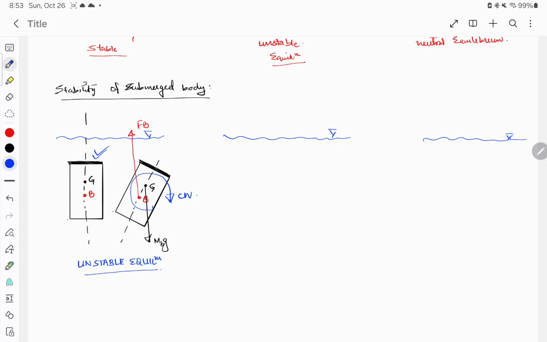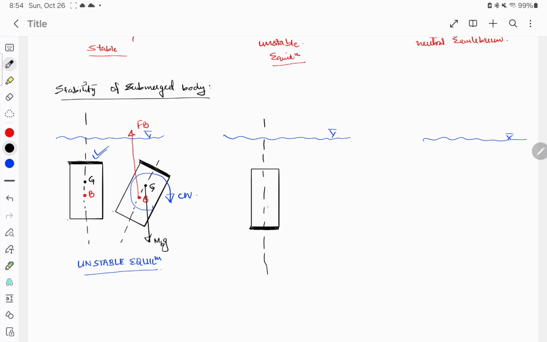Similarly, let us do the second case. See, now I have a body. This is the central axis of the body, and now the weight part is in the bottom of the body.